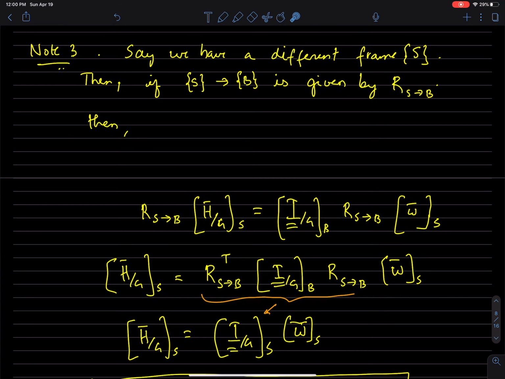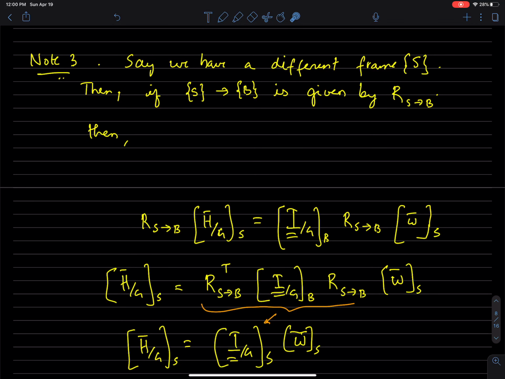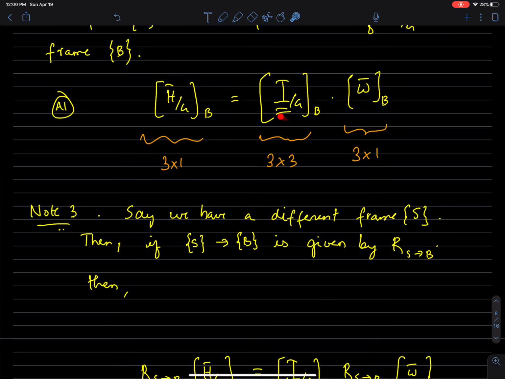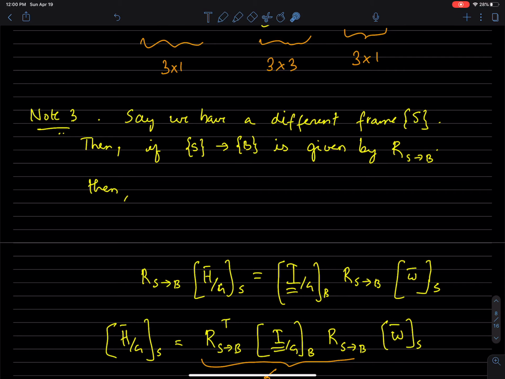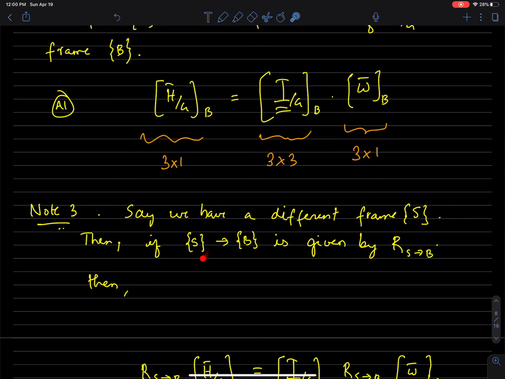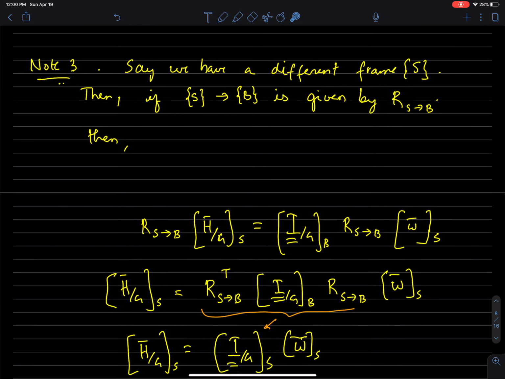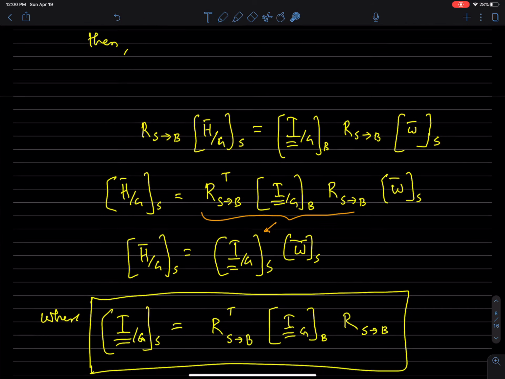Okay, note number 3, let's say we have the moment of inertia matrix in some frame B, and then we want its representation in some other frame S. How do we get that? That's pretty straightforward.